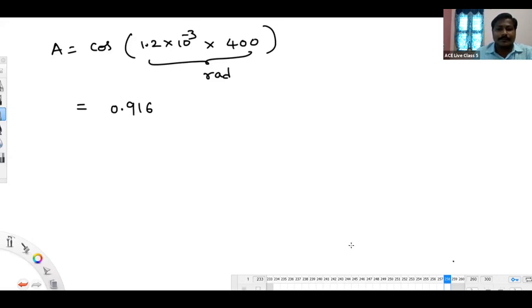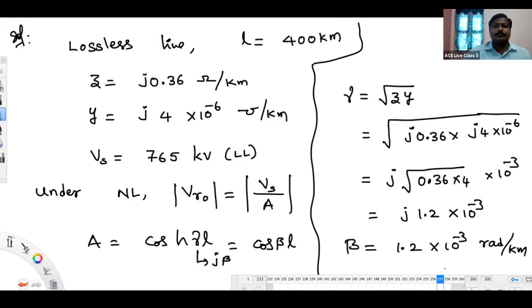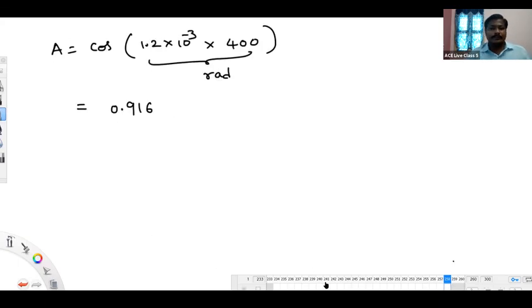Check once, please. Somebody is getting 0.886. Check 0.88. What's the length of it? 400 only. So this value was 0.886.